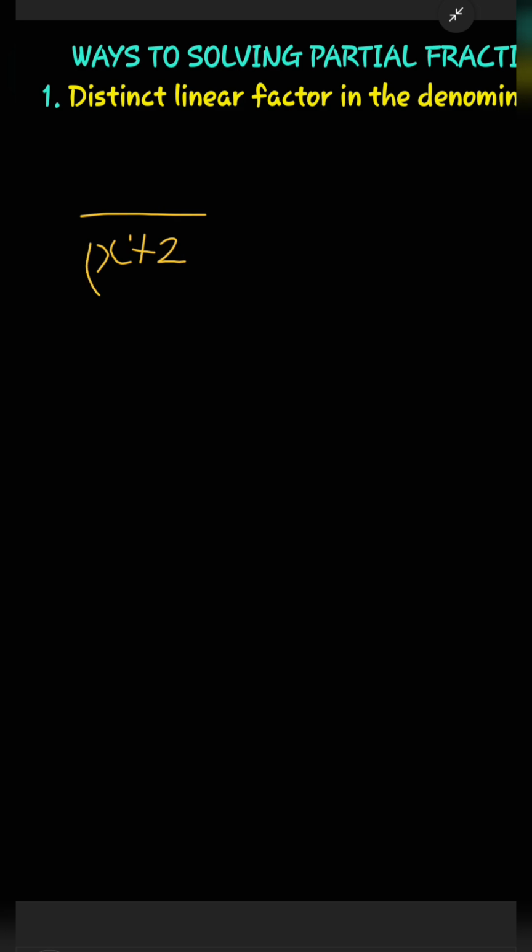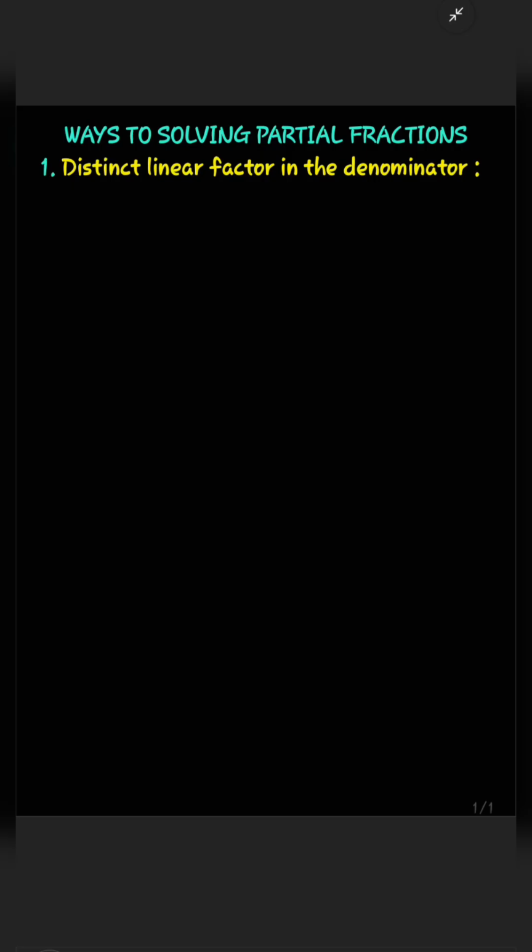And it is distinct because it is not raised to power something. That is, this linear factor is not repeating itself. It's not raised to power something like 2 or 3. So that is why it is distinct and linear. So when solving for distinct linear factor in the denominator, here is what we are going to do.